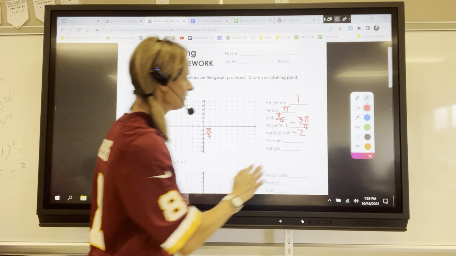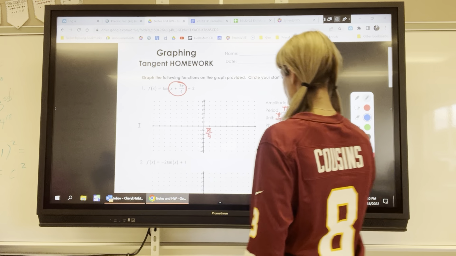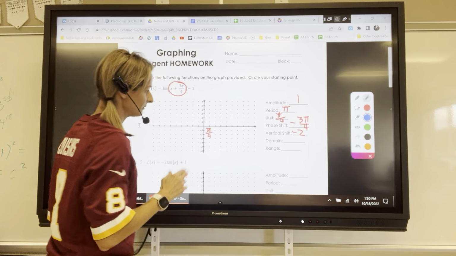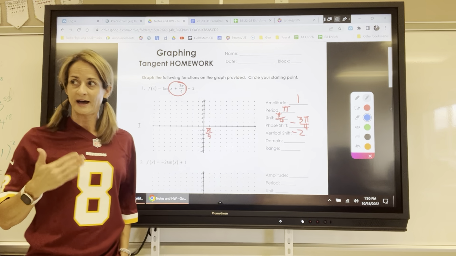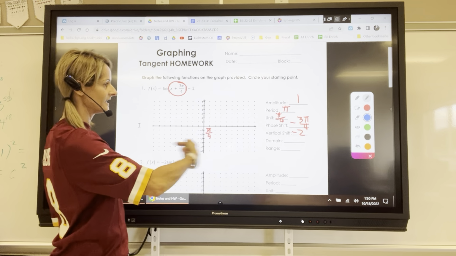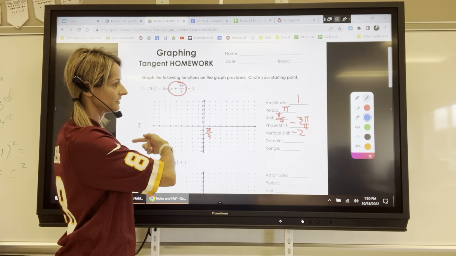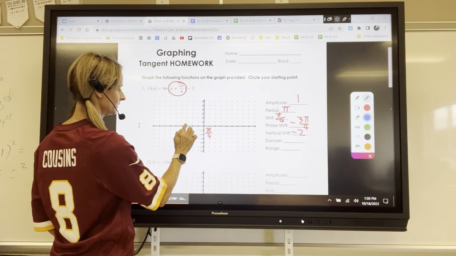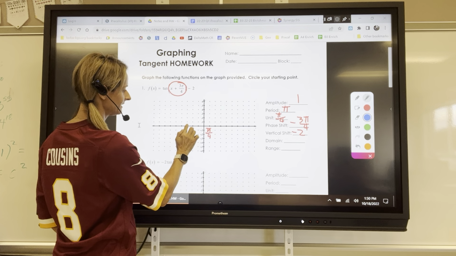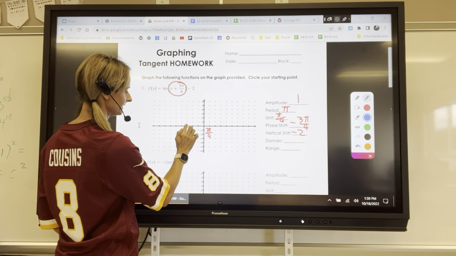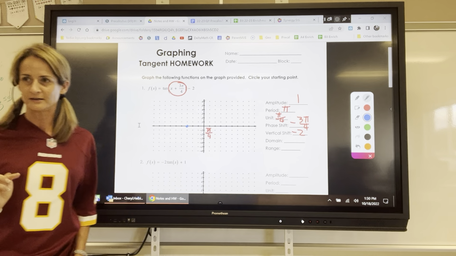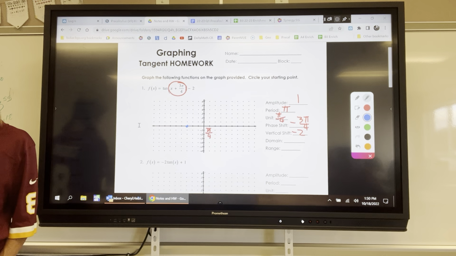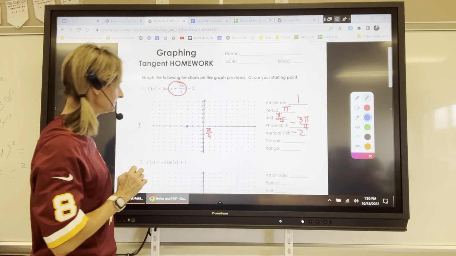All right, so we're going to move our new 0, 0, and we're counting by pi over 4. We're going to go to the left because we're going negative 3 pi over 4s. So 1 pi over 4, 2 pi over 4, 3 pi over 4. And then I'll put a little dot there, and I'll make it a little bit bigger because we can't see those dots, as I learned when I rewatched these videos at night.